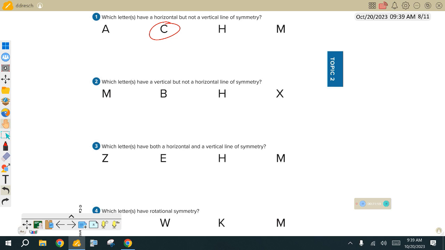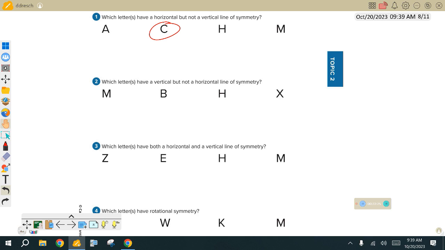What does M have? M has the vertical but not the horizontal. Those are good test questions. Those are good SAT, ACT style questions where you better make sure you're reading very carefully. Those are just easy things to misread and circle or select one too many things. Are we good on that one? All right.